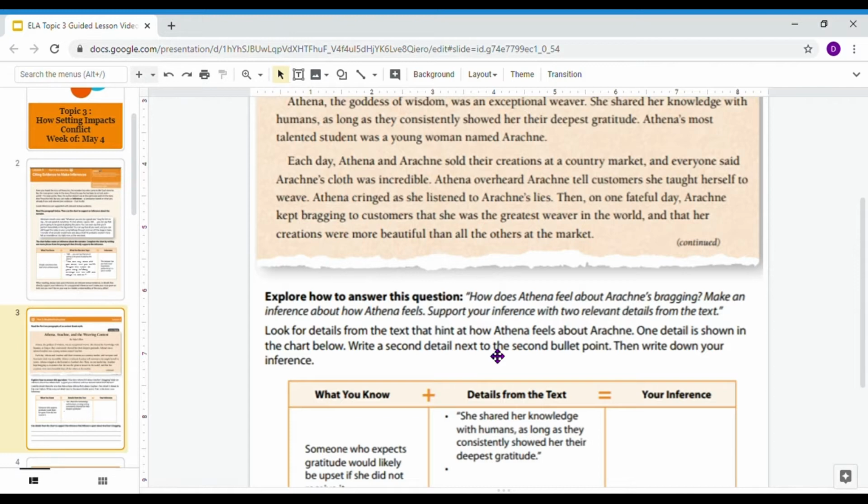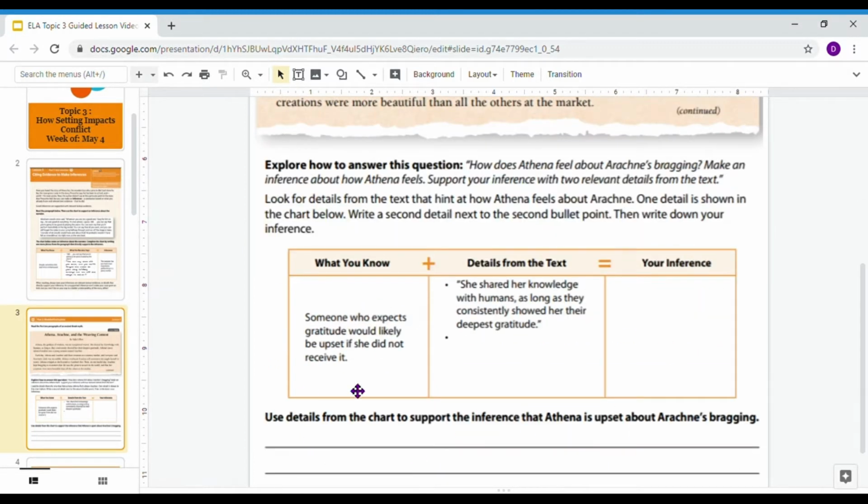I never can go back into my text and say, oh, right here it says Athena feels like this. So I need to go back and find some details and use my own knowledge about why people are acting the way that they do in the story. So let's look at this chart and we're going to come up with one more detail from the text and also an inference.